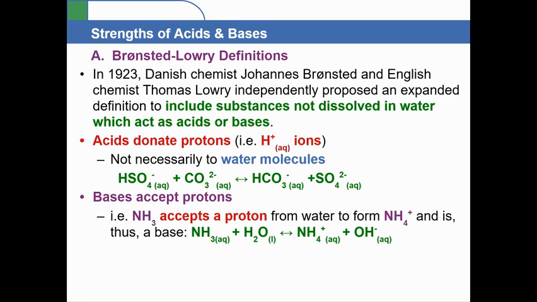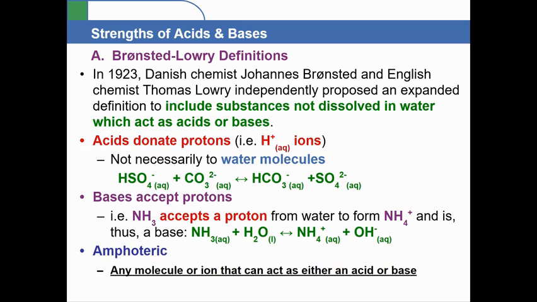And therefore, it can even be considered a base under the Arrhenius definition. Now, water, in this case, is giving up a hydrogen, which means, according to this definition, it is actually an acid, since anything that gives up a hydrogen is an acid.